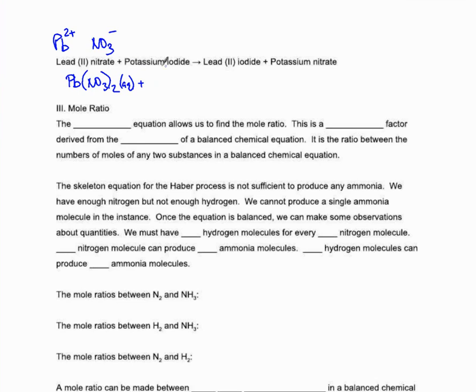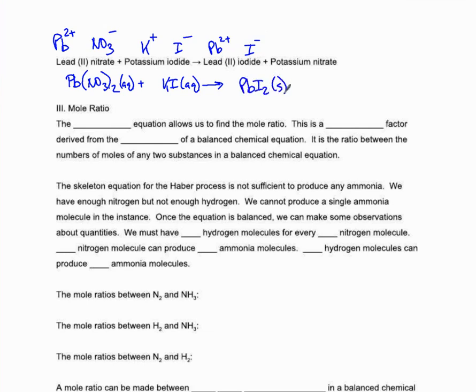Plus, next reactant is potassium, it's group 1, iodide, group 17. Yields lead 2 iodide, so here's my lead 2. You'll notice the charge did not change. And iodide, charge did not change here either. Switch the charges.